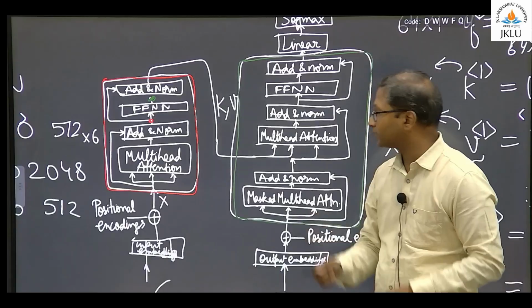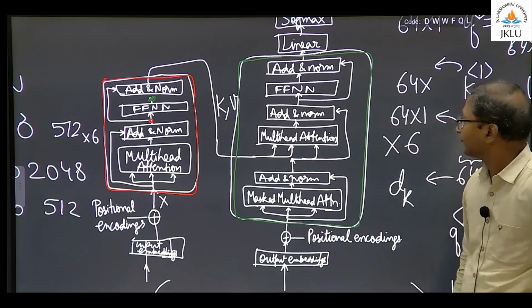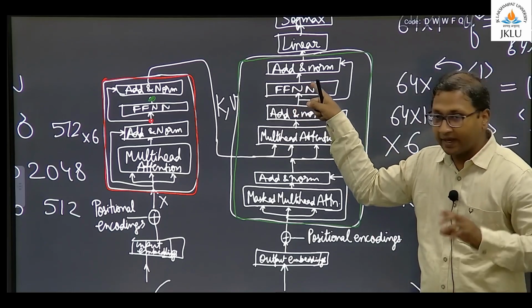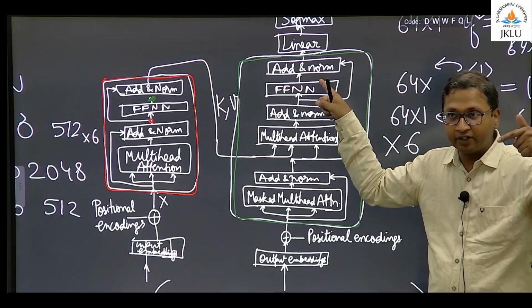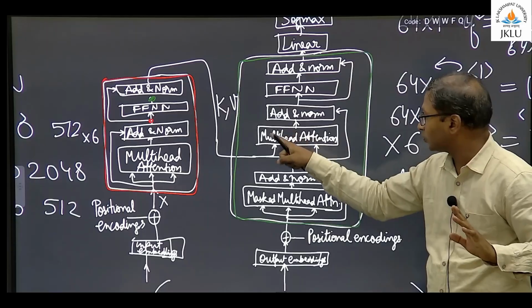What is happening here? What is happening here now? FFNN you understand, this is 512, 2048, 512, add and norm is that same old thing. What is multi-head attention?